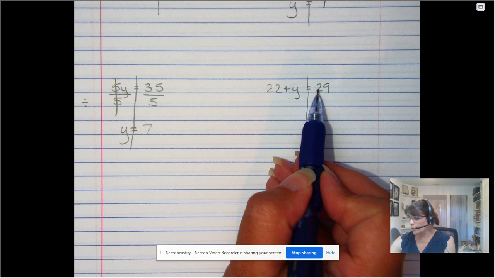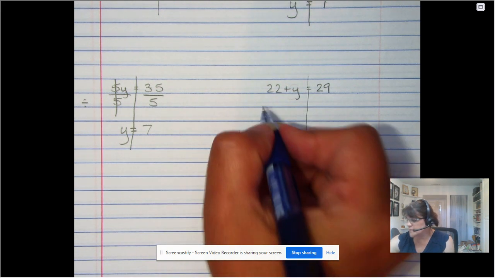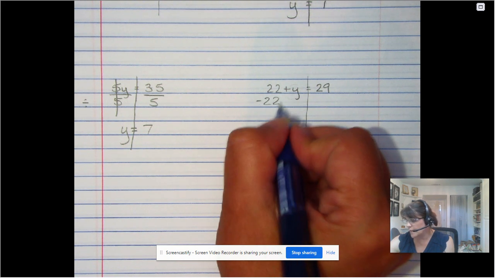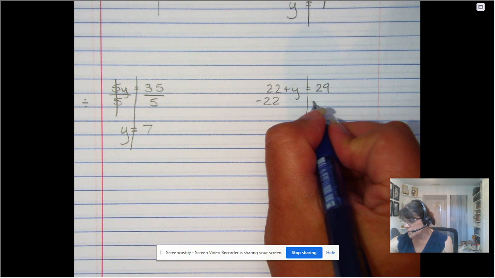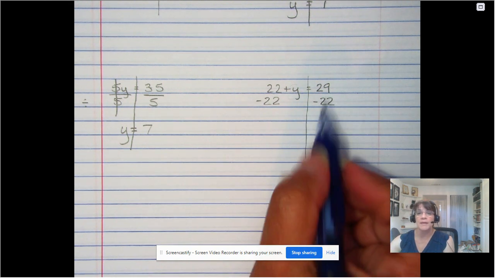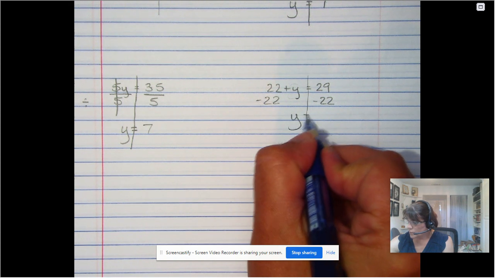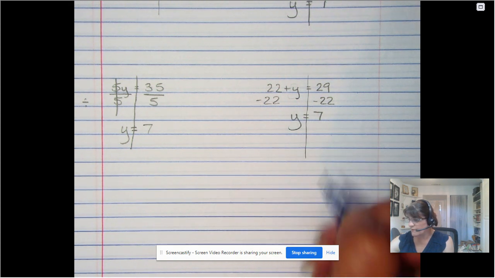In order for it to be gotten rid of, I have to do the same thing to both sides of the equation. So negative 22 equals negative 22. I'm keeping everything balanced. y equals, once again, 7.